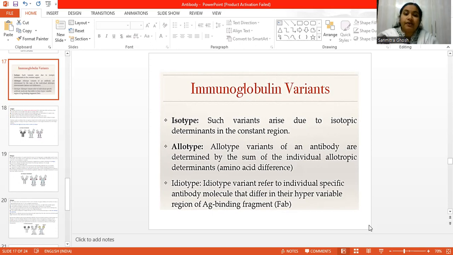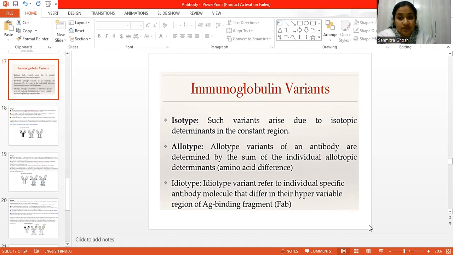The second type of variety is the allotypic variety, or the allotype. Now, these allotype variants of an antibody are determined by the sum of individual allotypic determinants, which is again encompassed within the constant region, and this variation is mainly arising because of subtle amino acid sequence changes in the constant region.